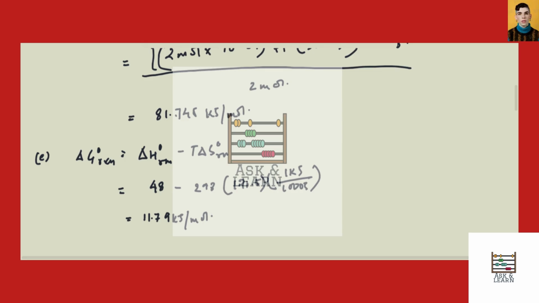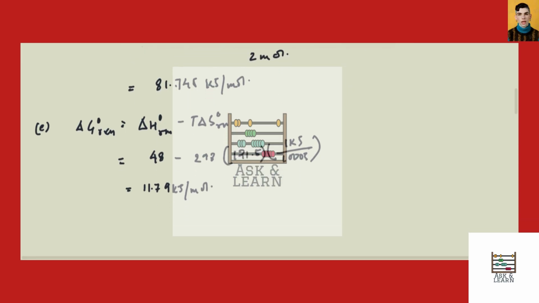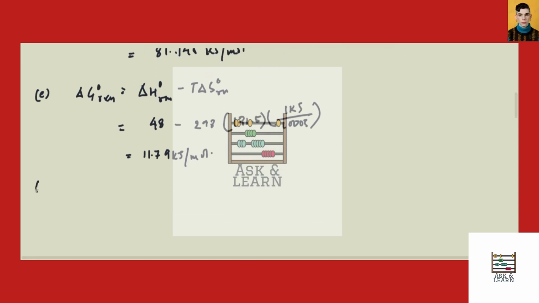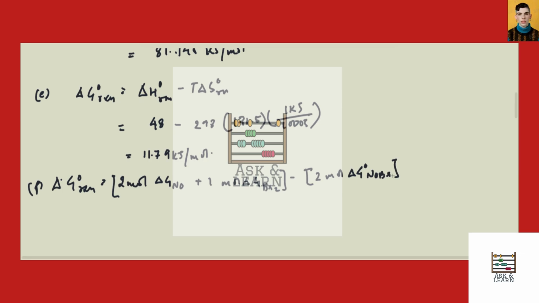So for the reaction, the value of delta G naught reaction is 2 moles of delta G NO plus 1 mole of delta G Br2 minus 2 moles of delta G naught NOBr.